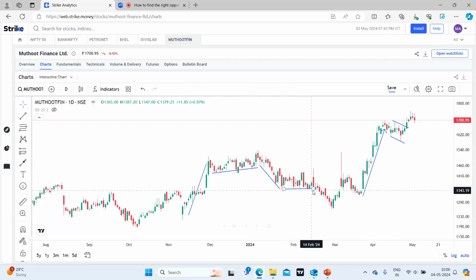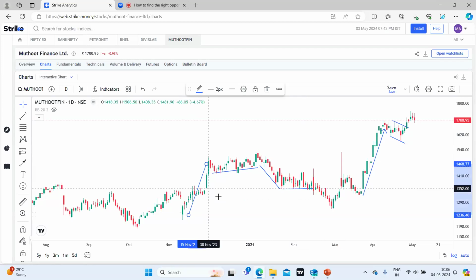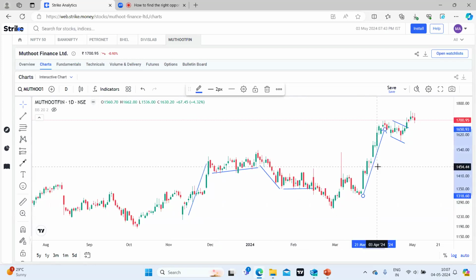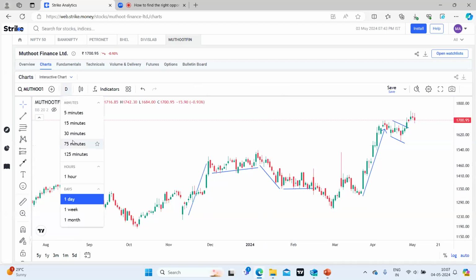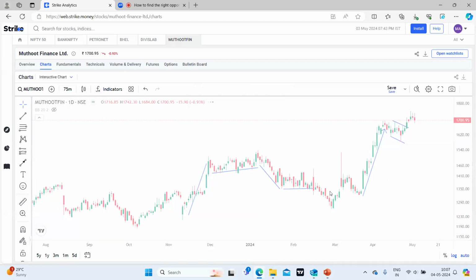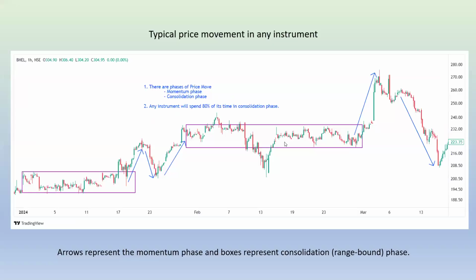So as an option buyer, we will focus on these movements. We would like to capture maximum profit from these movements. This is a daily chart. If we go to a lower time frame, every time frame will have the same kind of structure. So this becomes your price movement.